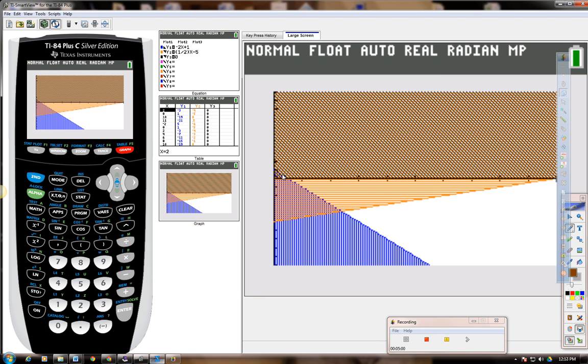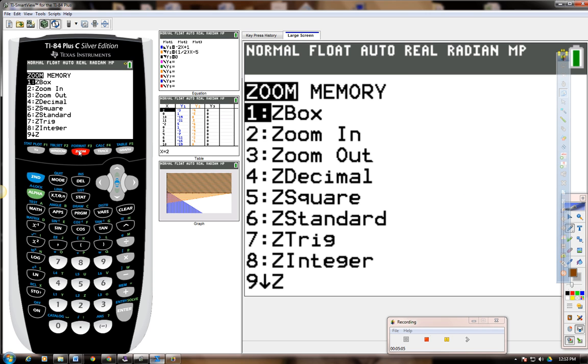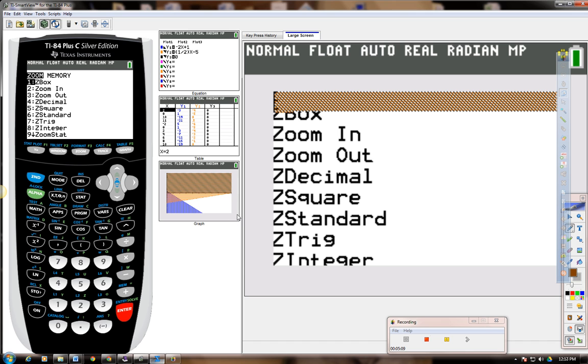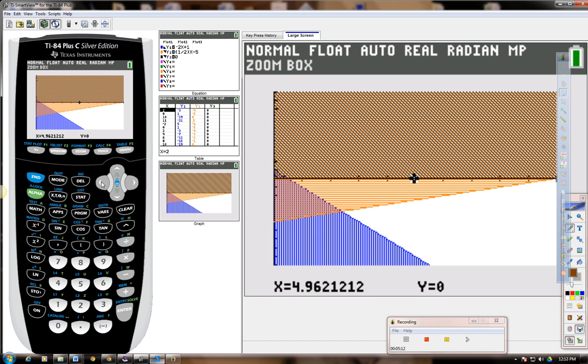Now let's say that I don't want all this wasted area. All I want is that intersection piece right there. I can zoom in on that by going Zoom and then ZBox. I have to use the cursors, and I want to position my cursor to the upper left of where I want to zoom. Once I get it to a spot, and this is synonymous with holding, dragging, and pulling, I would hit enter.